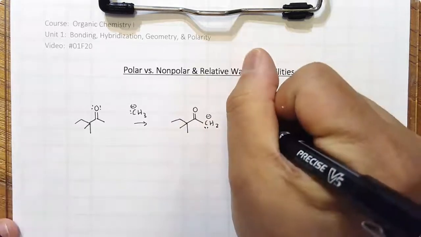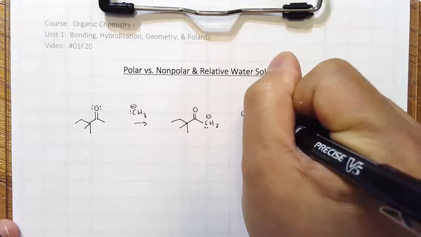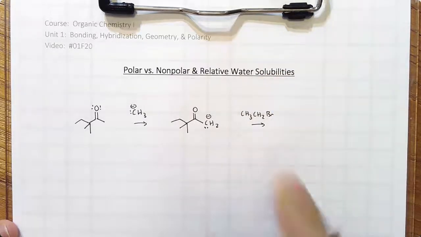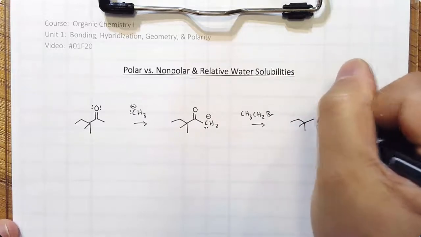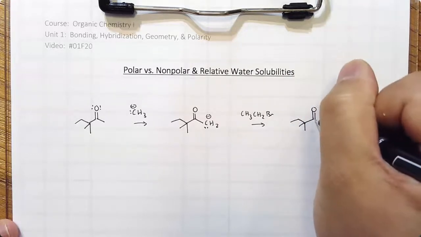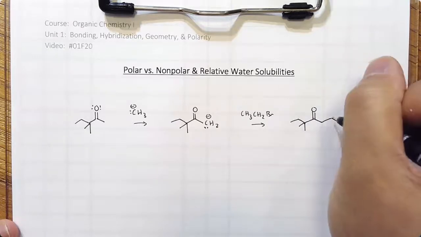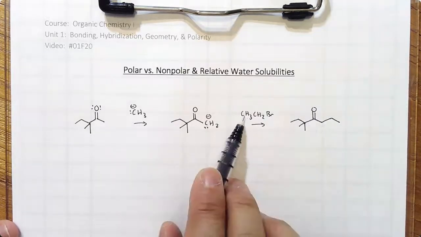And then what we can do is add an alkyl group via an alkyl halide, and we have this. We have this carbon here, and I added these 2 carbons.